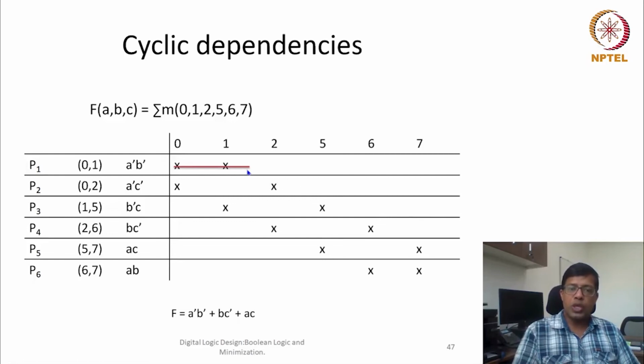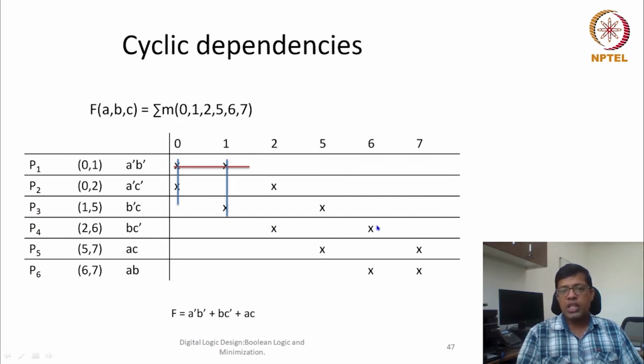Because both 0 and 1 min terms have been taken care of, I can put a horizontal line corresponding to this, and put a cross here, so that means 0 and 1 have been taken care of. Out of the remaining min terms 2, 5, 6 and 7, just by looking visually, I can see the next possible way would be if I select 2 and 6, so basically BC dash.